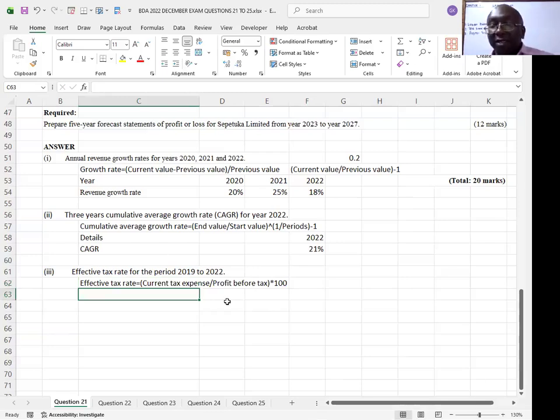Yeah, that's the formula of getting the effective tax rate.